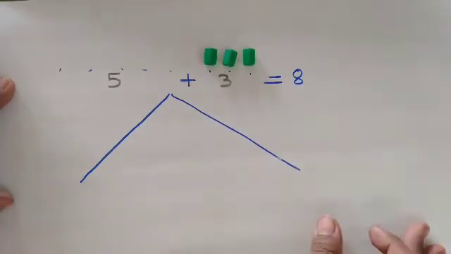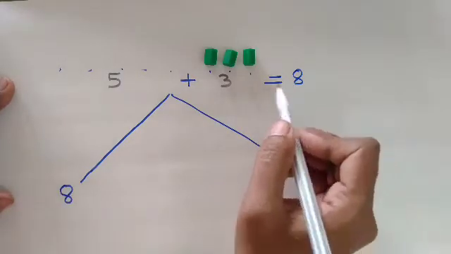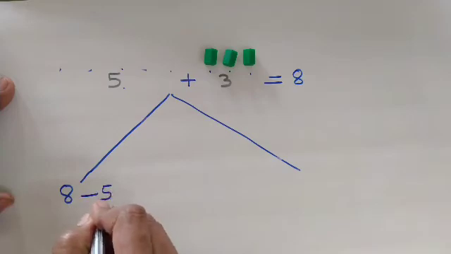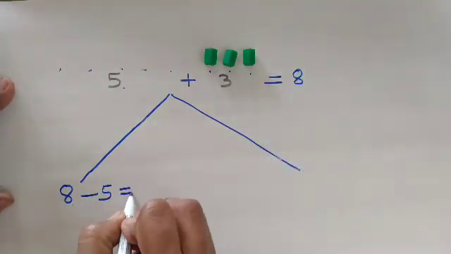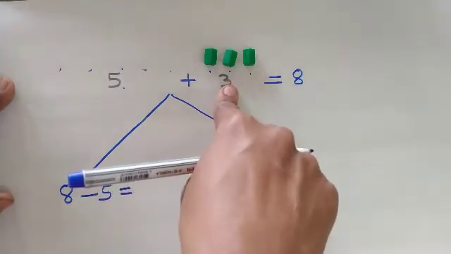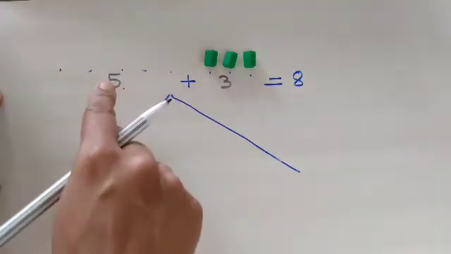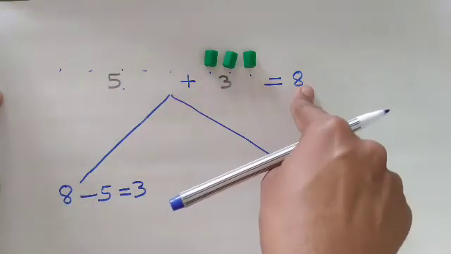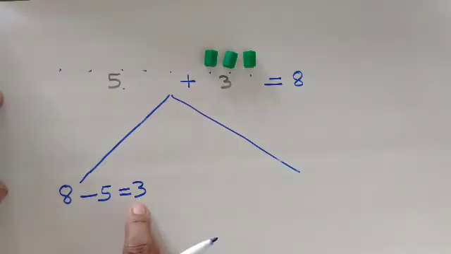So what did we do here, children? We did subtraction. We subtract 5, means we take that 5 out from the sum 8. 8 minus 5. So what did you get, children? The 3. Means if you subtract one number of the addition equation from the sum, you will get the other number as the difference.